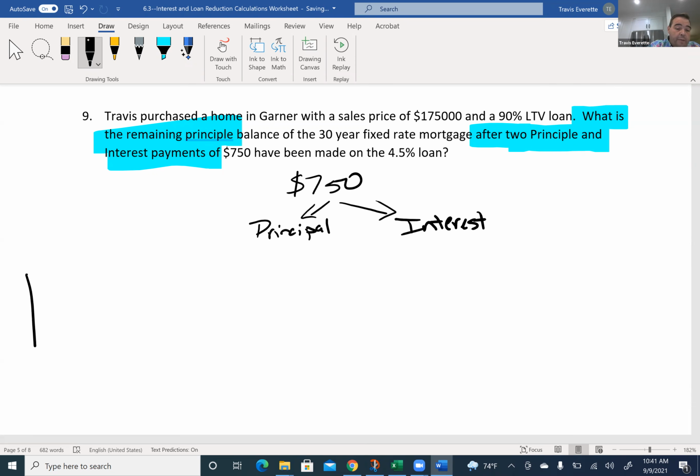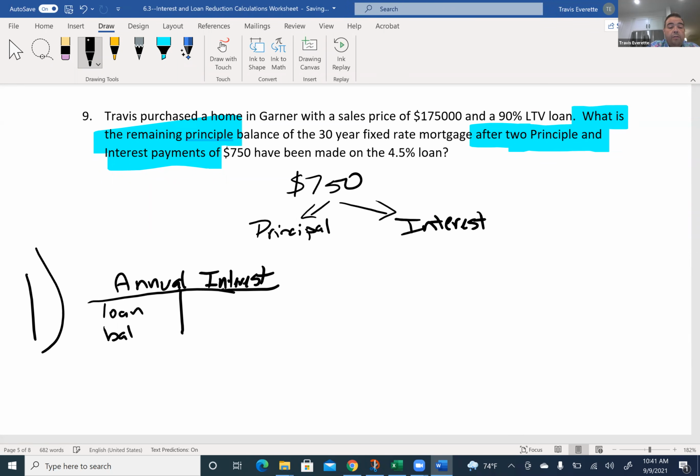For payment number 1, we know that the annual interest is going to be equal to the loan balance times the interest rate. Okay, that's payment number 1.